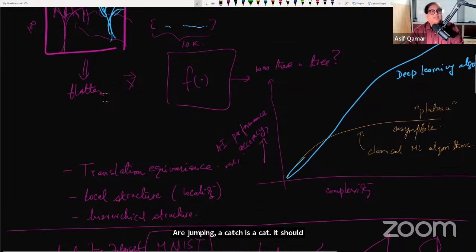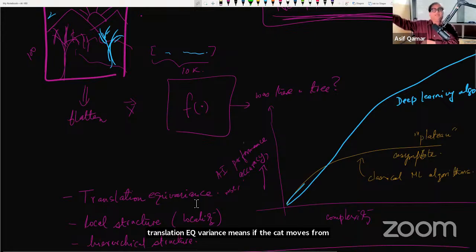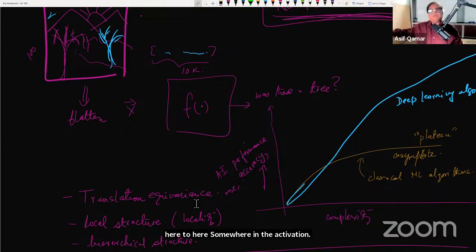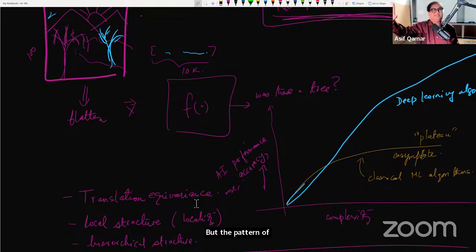So when you think about that, the property that comes to mind is that it should have translation equivariance. It means if the cat moves from here to here, somewhere in the activation there should be a wave of activation. In the final layers, just which neurons get activated should change, but the pattern of activation should remain the same. It just should translate.